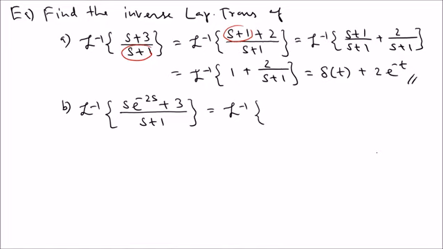So we can write this one as, we try to create the denominator. So it's plus 1 minus 1, e to the minus 2s plus 3, over s plus 1. You can write it like that. Now the same trick.